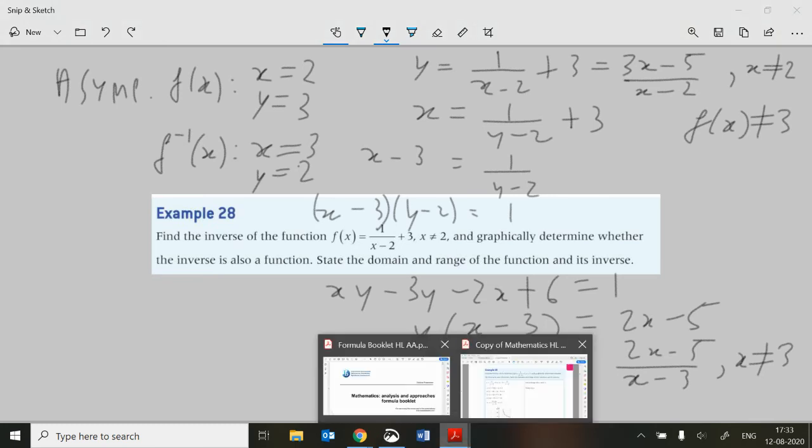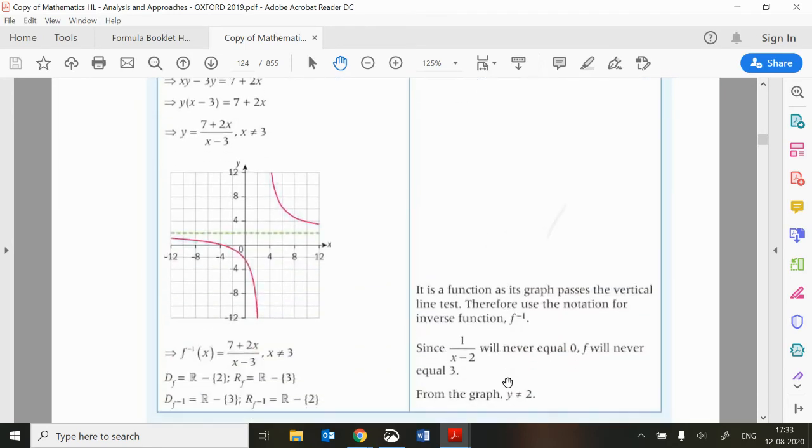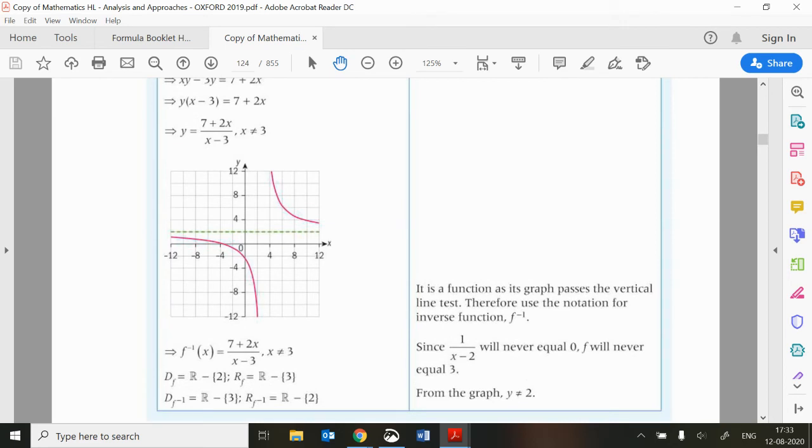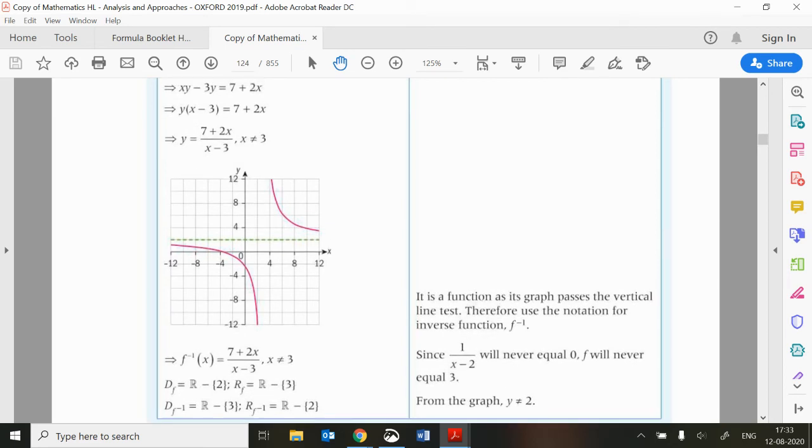Okay, let's just see what they say in the book for that. I'm just kind of interested to see what they say. They say, yes, it is a function as its graph passes the vertical line test, therefore use the notation for inverse function. So it's okay to say this is f to the minus 1 of x.